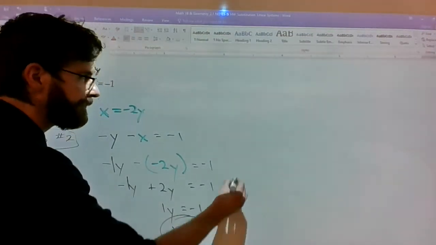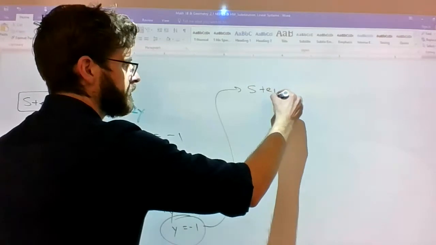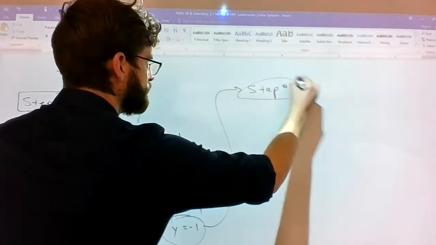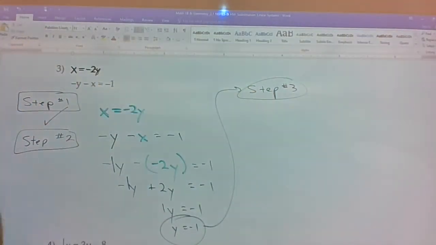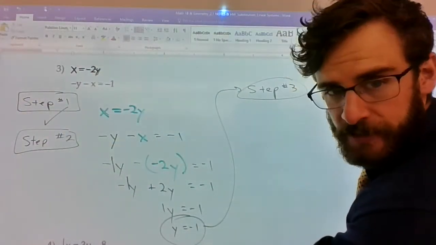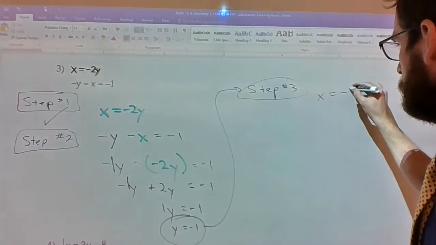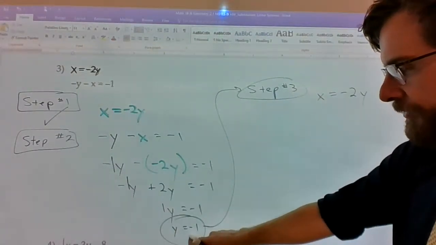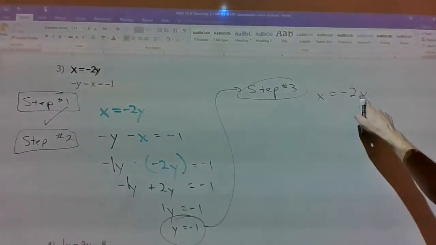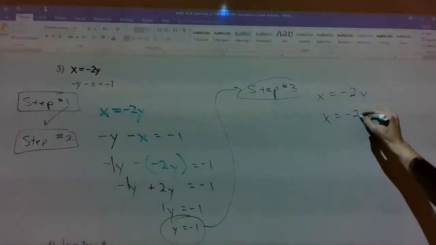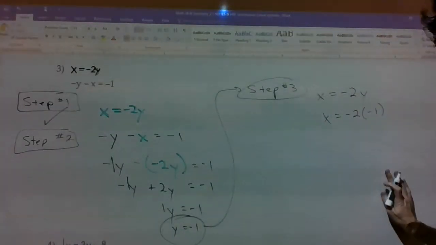Step 3. This is where I plug the answer from step 2 into step 1. So I've got y equals negative 1. I'm going to replace y with negative 1.